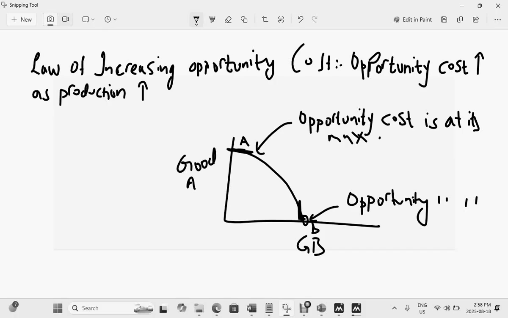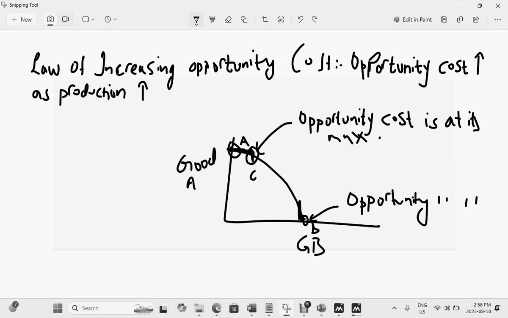Now, the reason why we say it's at its max is because when you're on this horizontal line, let's say this is point C over here, this is point A. Between point A and C, if you were to produce more of good A, it won't really matter that much, because you already have so many resources allocated to good A, which means production for good A is at its peak.